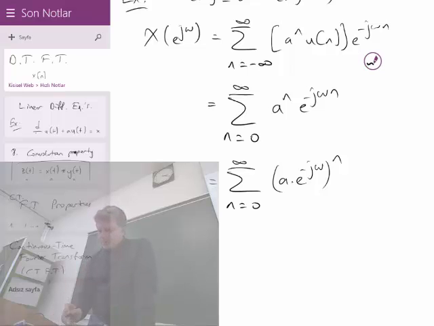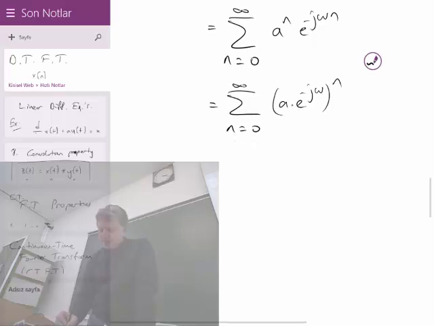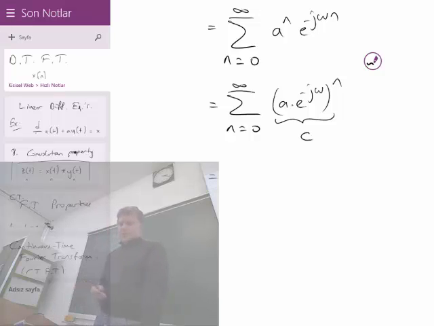Now what is this summation? It's an infinite series summation. Think of it like this. Inside this parentheses, let's call it c. What is the summation n from 0 to infinity of c to the n?